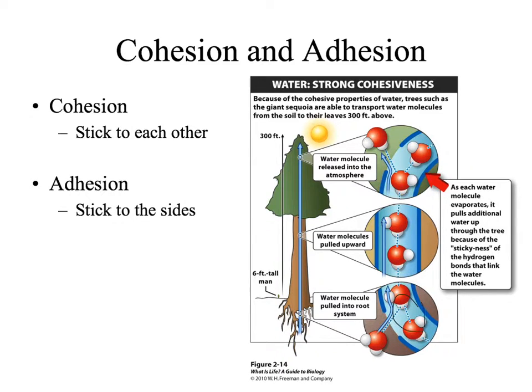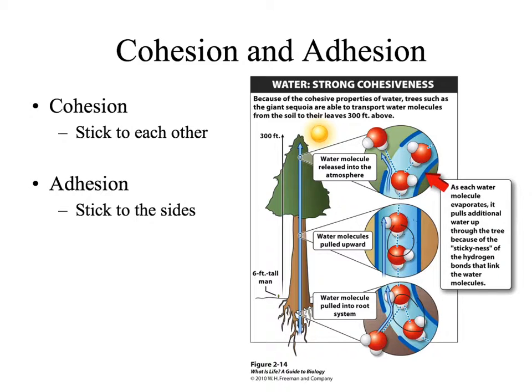So we see this cohesive property with hydrogen bonds between each water molecule. These water molecules will also form bonds between themselves and the surface of the tubes they are traveling through. This prevents those water molecules from flowing backwards.